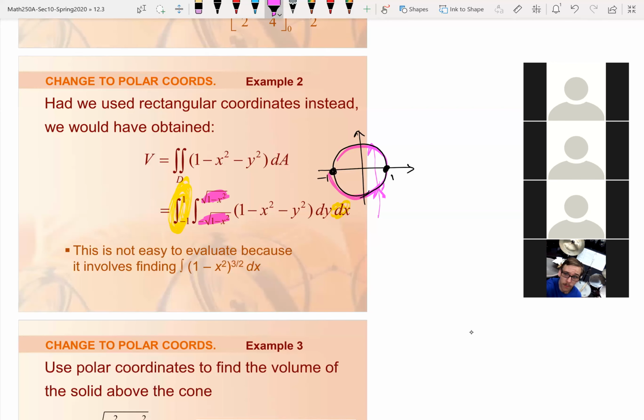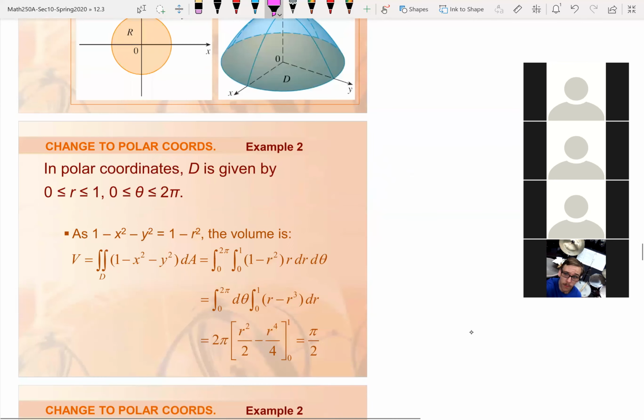But that's really a lot of work, because when you plug in, this is what you're supposed to integrate at the end. That's what we don't like, because it must be trig substitution and it takes time. So that's why we go polar, and then it's really one easy calculation.